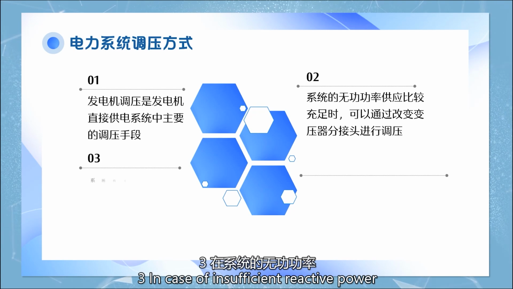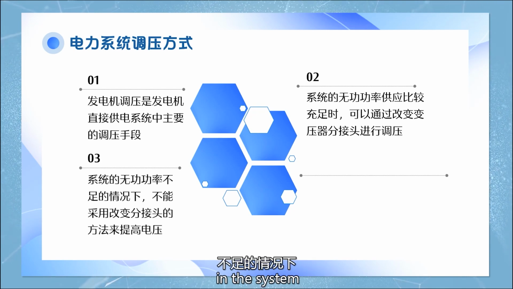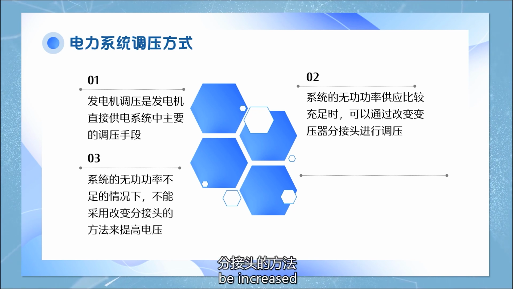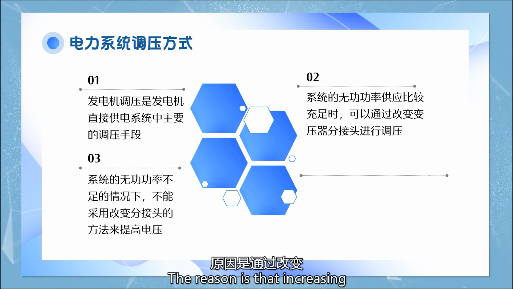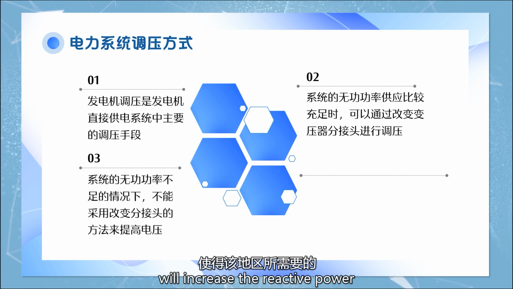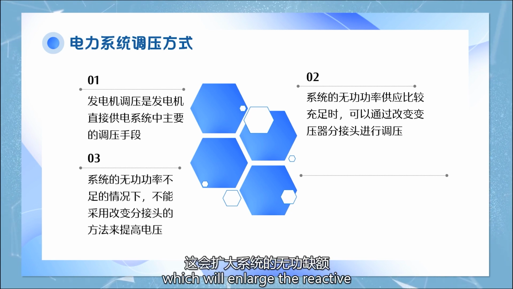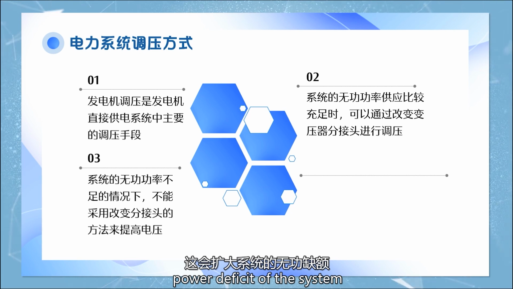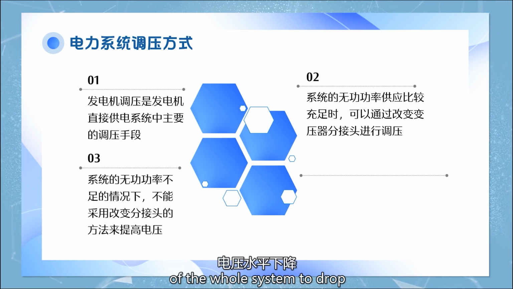3. In case of insufficient reactive power in the system, the voltage cannot be increased by changing the taps. The reason is that increasing the voltage by changing the taps will increase the reactive power required in the area, which will enlarge the reactive power deficit of the system and lead to the voltage level of the whole system dropping.